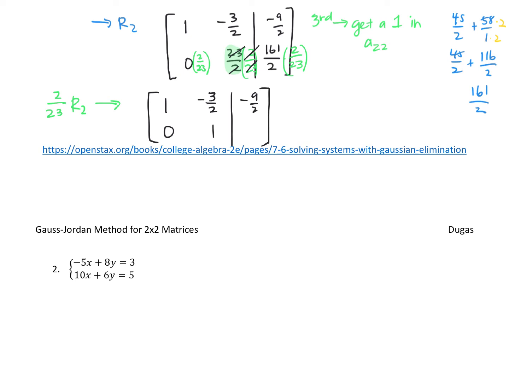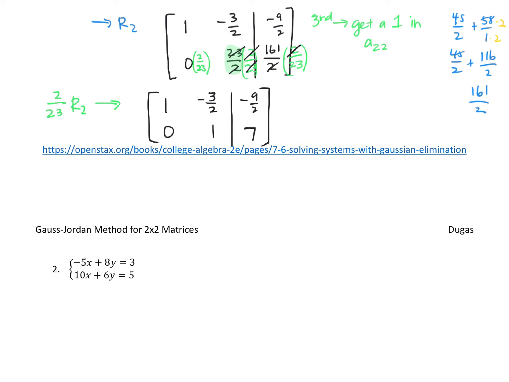That's always going to happen when you multiply by the reciprocal. And then we have 161 over 2 times 2 over 23. The 2's will cancel each other out. Let's see if 161 is evenly divisible by 23. It would be great if it is. And it is. 161 divided by 23 is 7. Fantastic.